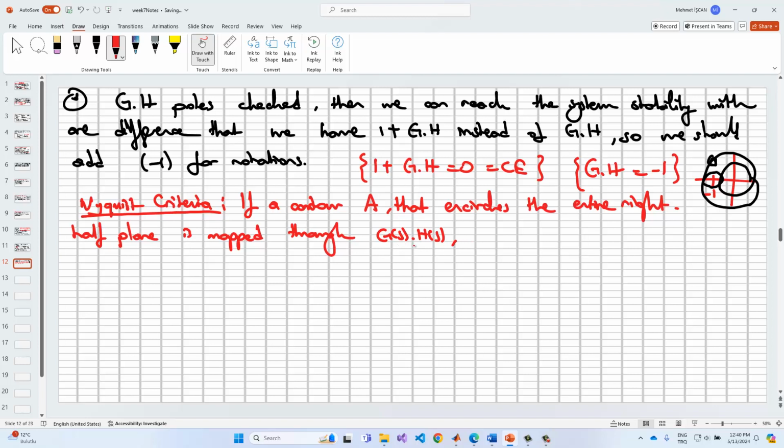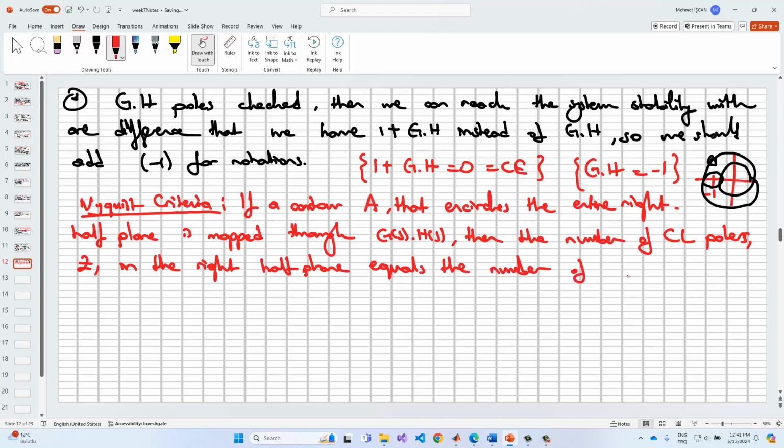This is the open loop pole, but the closed pole is also equal to this one. And then the number of closed loop poles Z in the right half plane equals the number of open loop poles, which means that this is equal to this one.